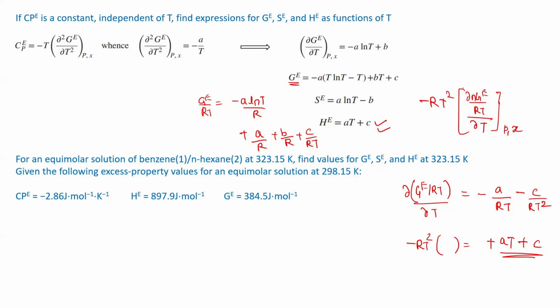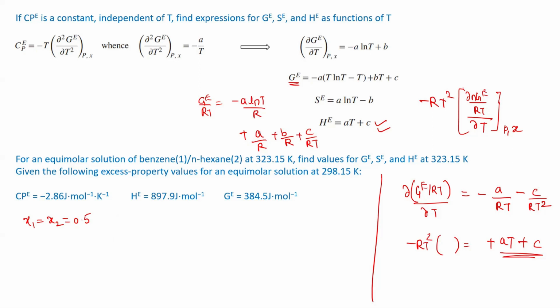Right? Now, the second question goes on. For an equimolar solution, x1 equal to 0.5 equals x2, of benzene and n-hexane at 323.15 Kelvin, find values for GE, SE, and HE at this temperature, given the following excess property relations for an equimolar solution at 298.15 Kelvin.